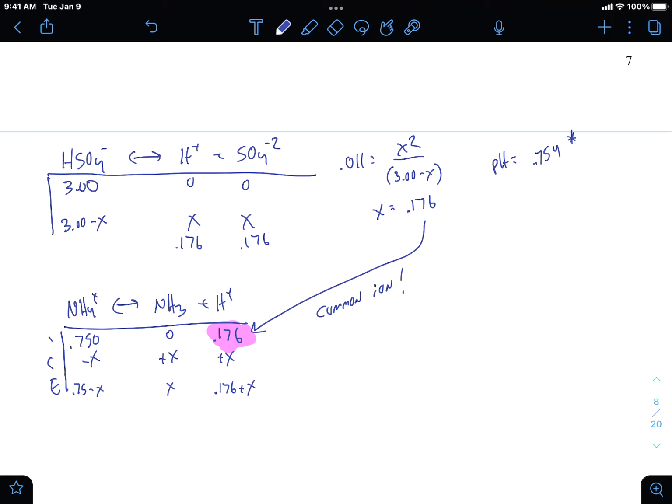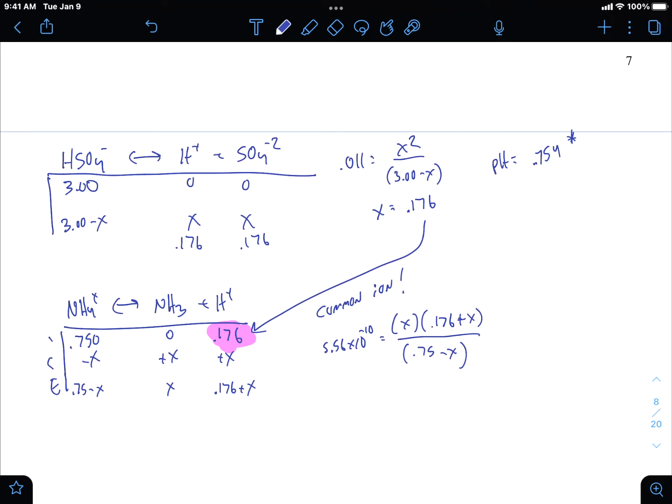Now I use my law of mass action. So the Ka we said was 5.56 times 10 to the minus 10, and it's equal to products at equilibrium over reactants at equilibrium. Okay, and this is definitely a job for solver. Oh, yeah, you're right. Plus, yep. Thank you.